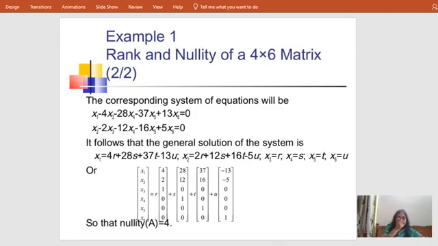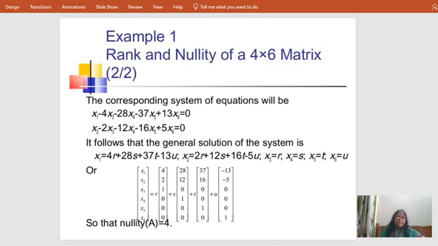Because it is a 4 by 6 matrix, definitely 6 variables will exist. We name those 6 variables as x1, x2, x3, x4, x5 and x6. So, the 6 variables are named starting from x1 to x6.